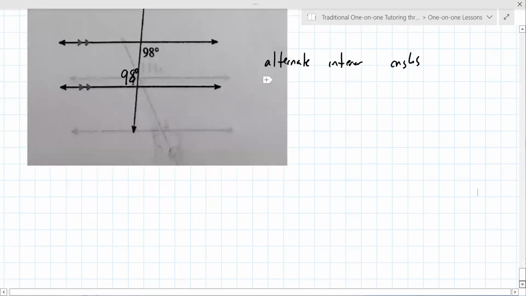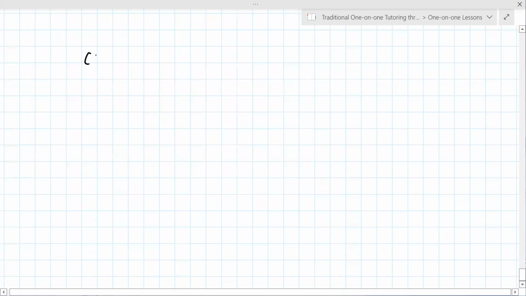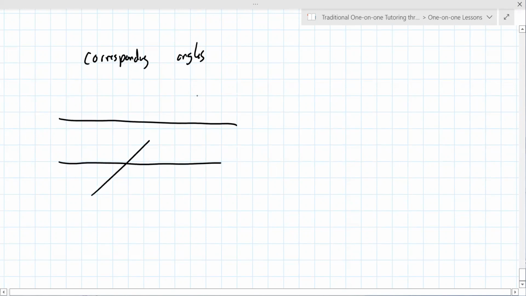All right, so let's look at another situation. We're going to talk about what are called corresponding angles. The corresponding angles are congruent. So I'm going to draw a couple of lines here. A, B, C, D, and angle A is congruent to angle C. Notice A is top left, and top left to this intersection makes them corresponding.